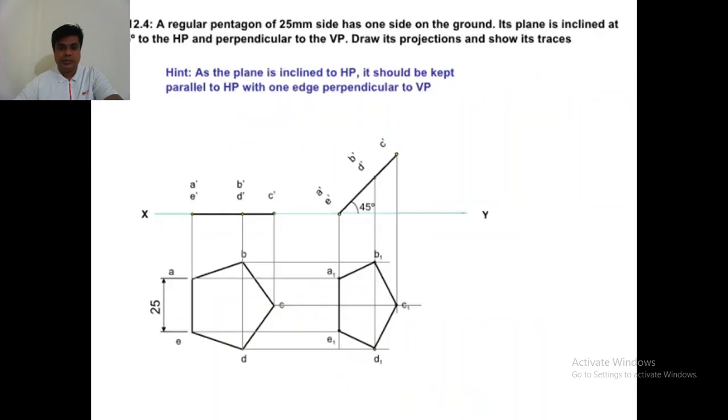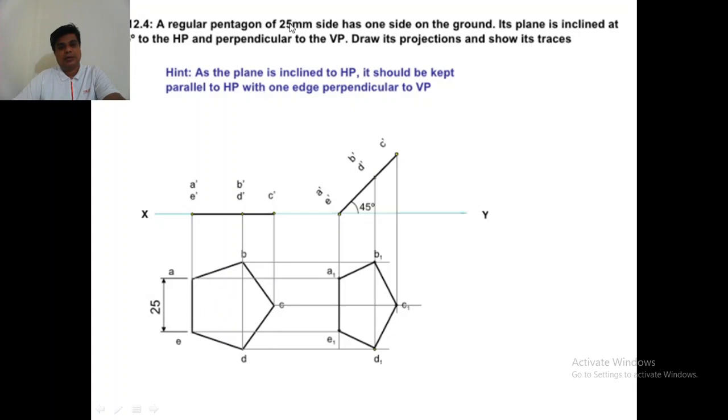So here we have this problem. It is similar to the previous problem we have solved, but the only difference is the shape of the lamina or the plane. Instead of a triangle we are having a pentagon.